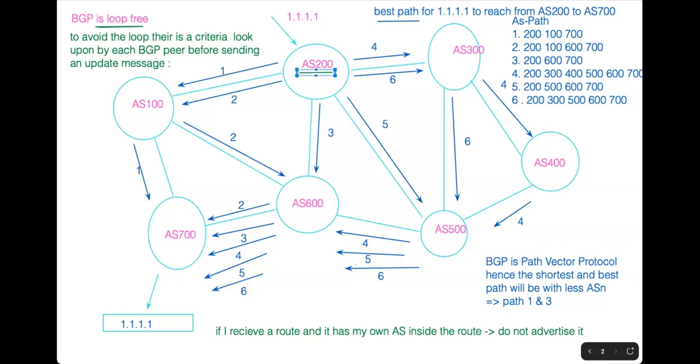And that's wherein AS700 thinks, okay, I can reach AS200 in the opposite direction, right? That's the way. Now, since this is being originated from AS200, it is able to advertise to all of them. Let's suppose that it is advertising the route to AS700.